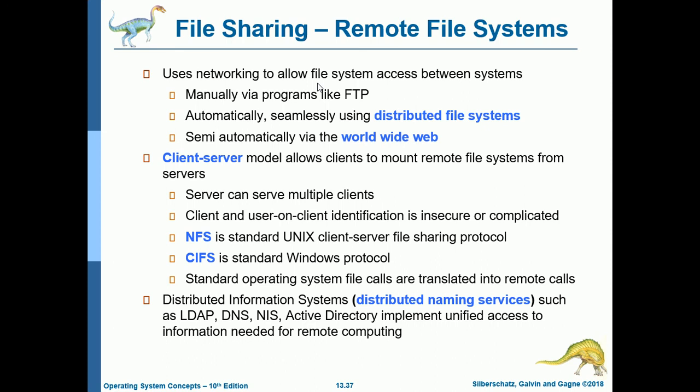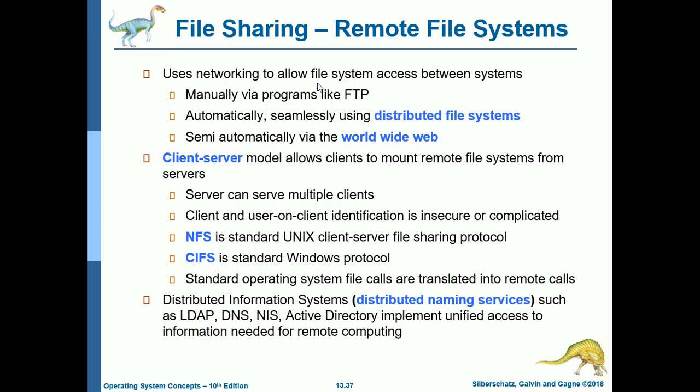And then the client-server model allows clients to mount remote file systems from servers. A server can serve multiple clients. Client and user identification on the client is insecure or complicated. So again, NFS is a standard Unix client-server file sharing protocol, and CIFS, the Common Internet File System.